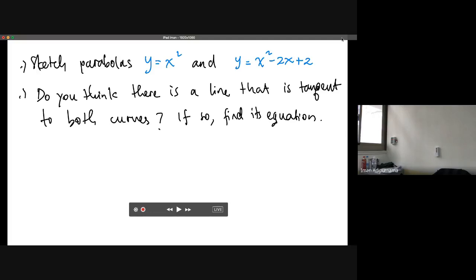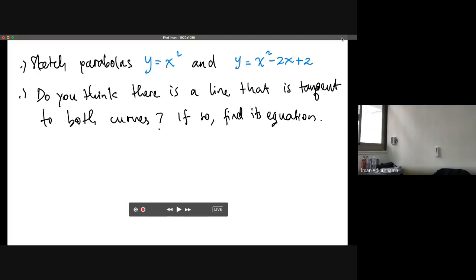So maybe here is the tangent, right? Maybe this is the point, and this is the point for this curve. But remember, the tangent or gradient depends on locations, right?